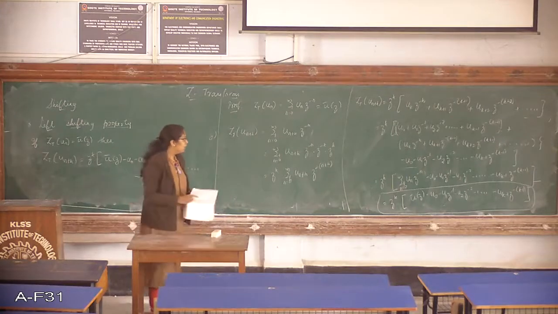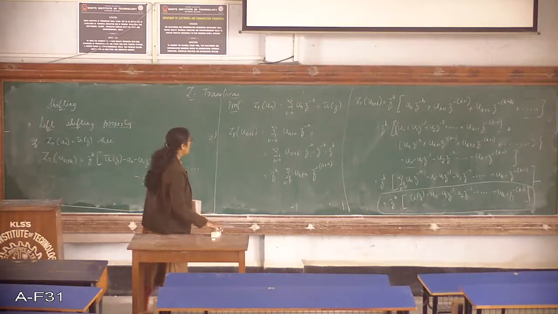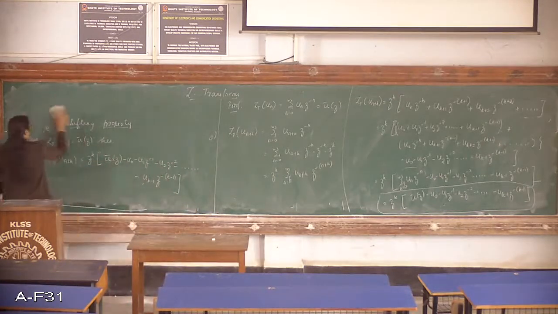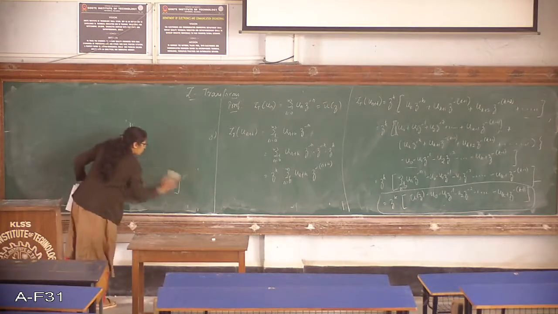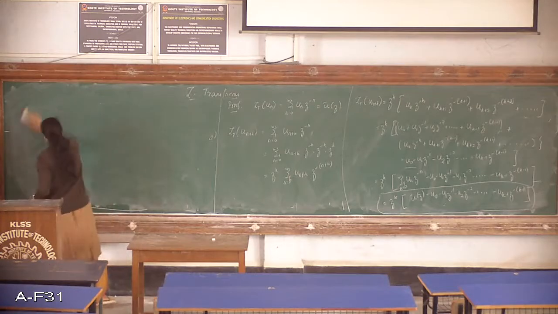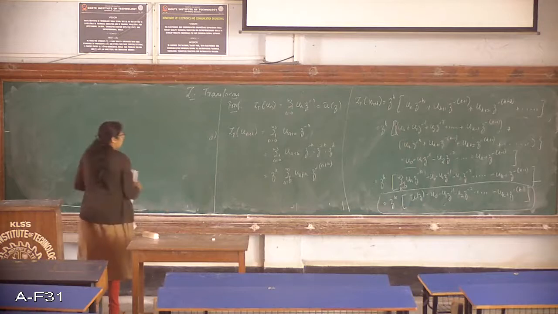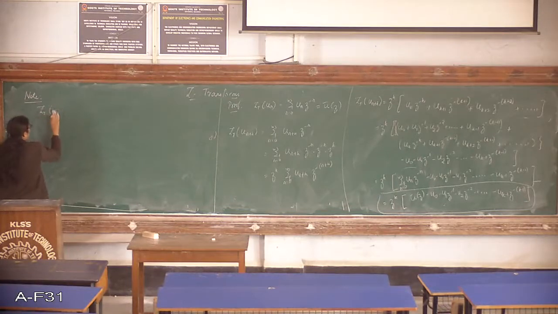So now this left shifting property is used later on while we will be solving the difference equations. So also, let us make a note from this shifting rule, that is the z transform of u_{n+1} in particular.